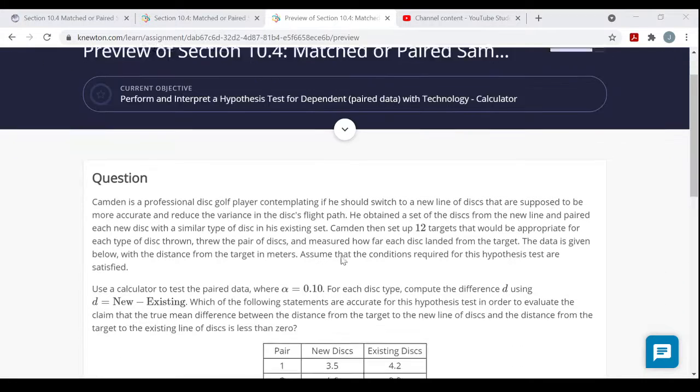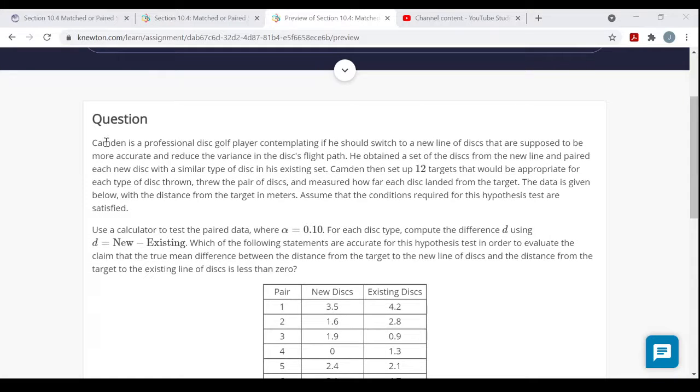Alright. So here, Camden is a professional disc golf player contemplating if he should switch to a new line of discs that are supposed to be more accurate and reduce the variance in the disc's flight path. He obtained a set of the discs from the new line and paired each new disc with a similar type of disc in his existing set.